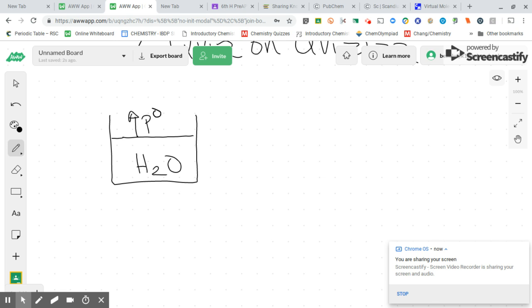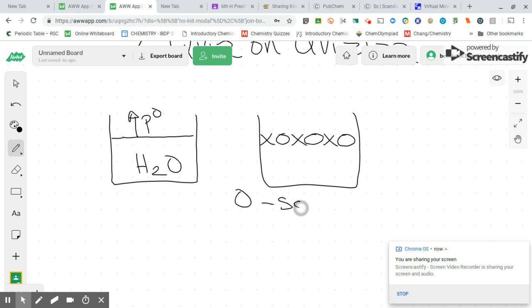What happens when we add any solute to that one? Let me represent it like this: the circle will be the water, and the X will be the solute. So this one will be the solvent, and this one will be the solute. What happens is the number of particles that can go to the atmosphere will decrease, right?